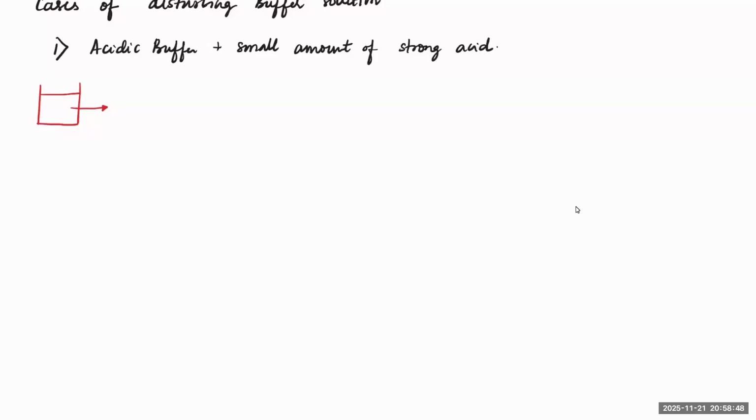All right, let me take an example. Like we have CH3COOH combined with CH3COONa. Okay, let's say the acid concentration is A, the salt concentration is S. To that we are adding a small amount of strong acid like HCl of X moles.